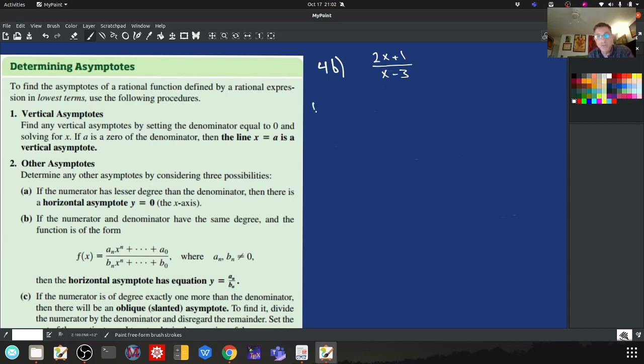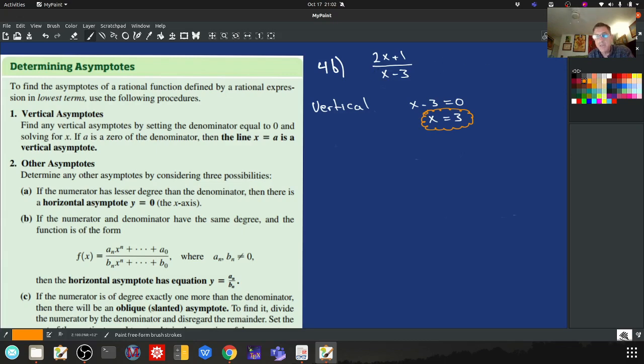So let's do vertical. All I have to do is set x minus 3 equal to 0, and that gives me x is equal to 3. So that right there is the equation of my one vertical asymptote.